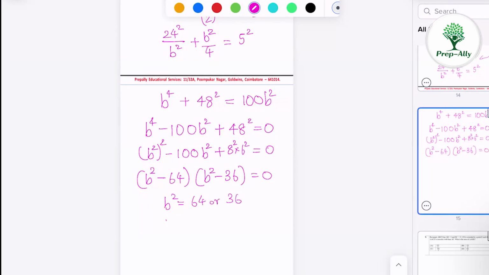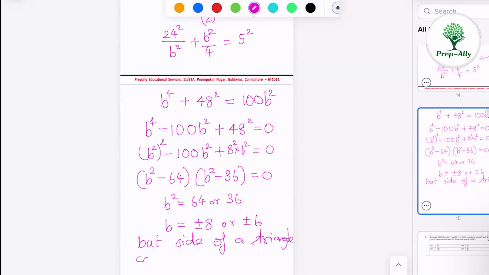So B equal to plus or minus 8 or plus or minus 6. But side of a triangle cannot be negative, right?